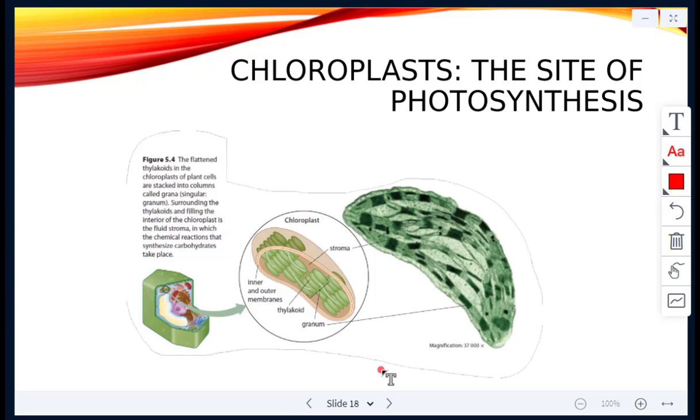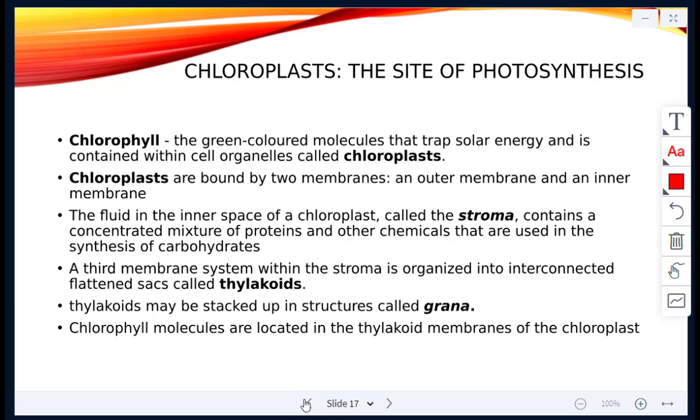And singular would be granum. So this is one granum made up of stacked thylakoids. But there are many of them in here, so the plural would be grana. And then chlorophyll molecules are located in the thylakoid membranes of the chloroplast.